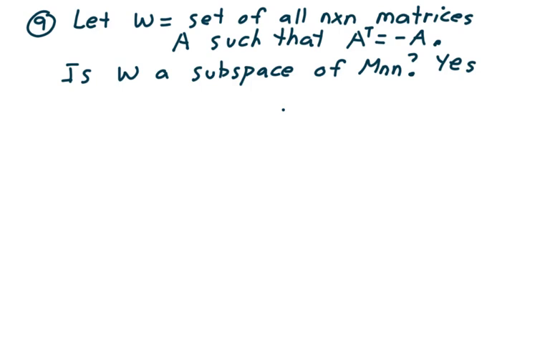Now, first, if I take the zero matrix of size n by n, and I take the transpose, absolutely, this is equal to the zero matrix for n by n matrices, right?